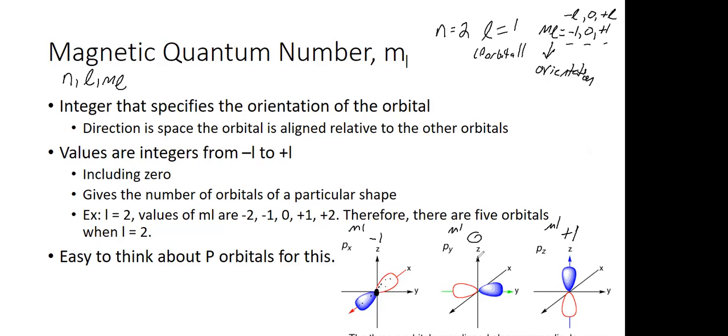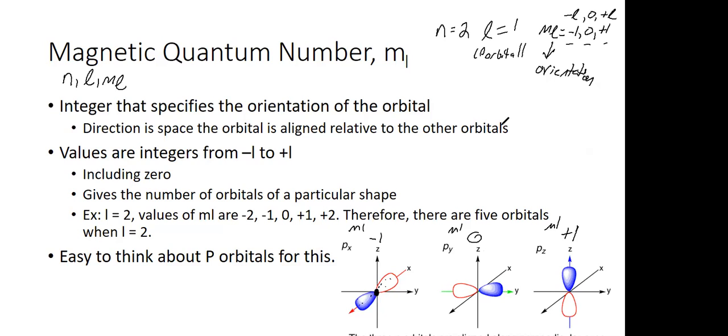And so that's where you'll be found. If m sub L is +1, we have our orbitals going on the z-axis. That's where you're going to be found. So this m sub L is just telling us, if looking at our orbitals, more or less what direction or what orientation are they in?